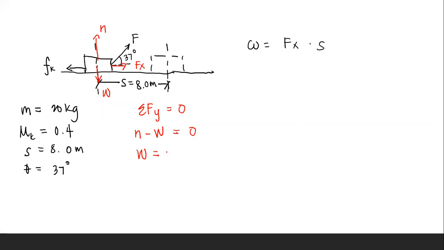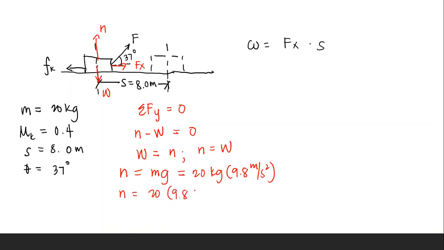Normal is equal to weight, which is mass multiplied by the gravity. We have the mass of 20 kilogram times 9.8 meter per second squared. The normal now is equal to 20 times 9.8 meter per second squared.